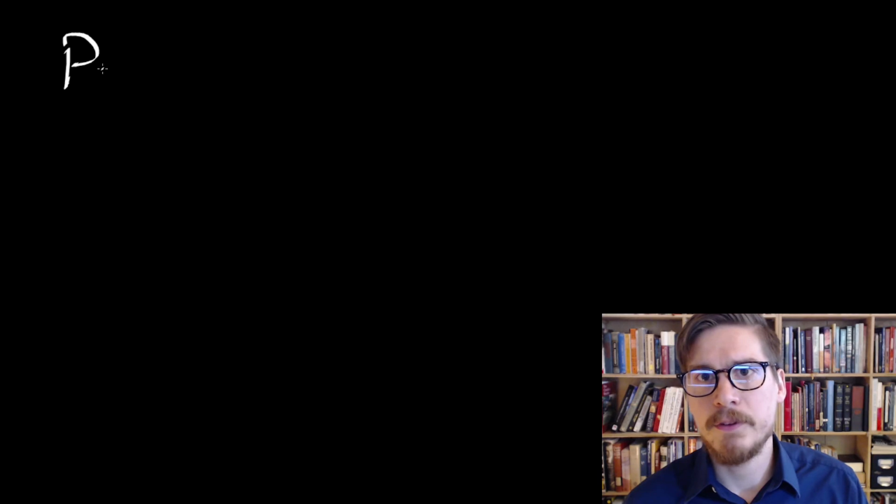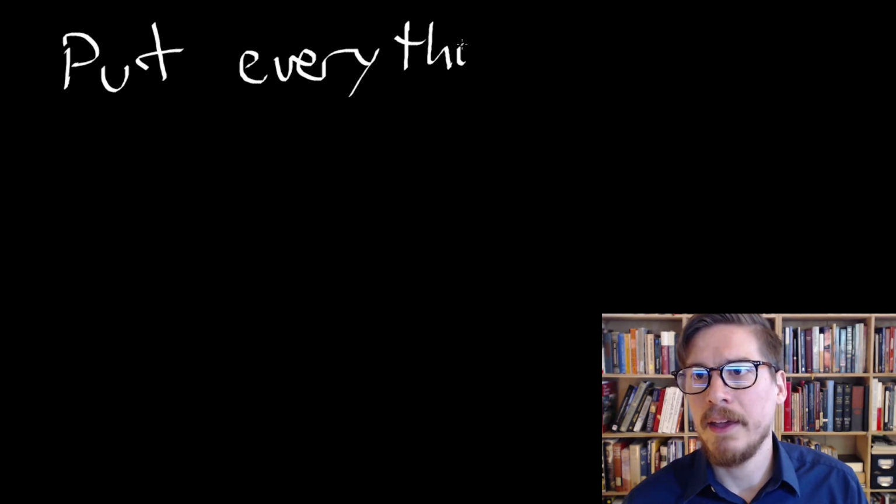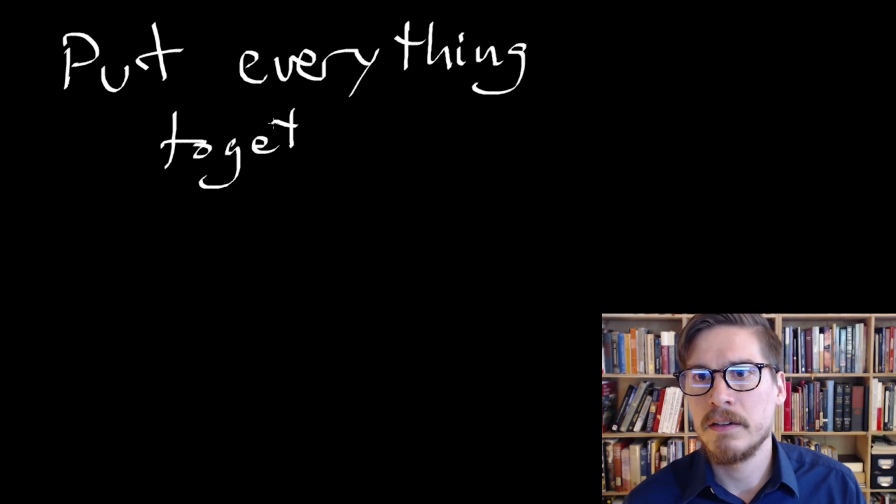So here's another thing that I do, and this becomes important the further on you go, all right? So you have to put everything together, right? And what I mean by that is you need context, constant context.